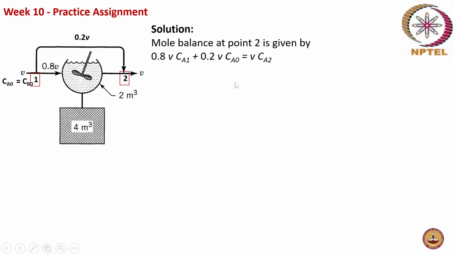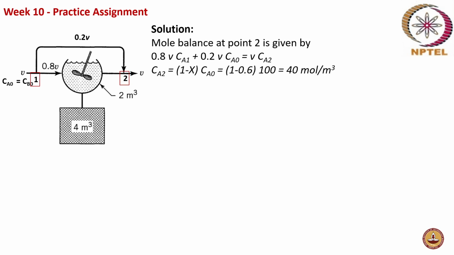And that will come out from the overall output of the reactor, where the volumetric flow rate is again V, and the concentration is the combination of these concentrations, which is Ca2.